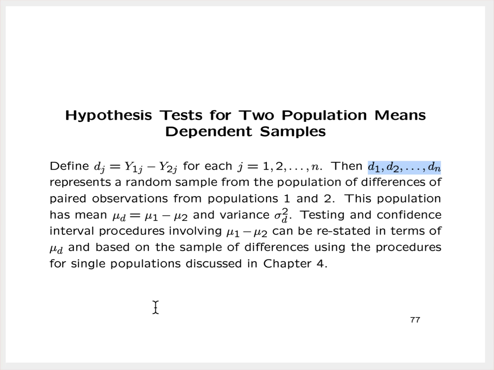And so then this becomes just a one sample problem, a one population problem. It becomes a problem involving one population mean, mu sub d, all right? But we would be keeping in mind that that is equal to the difference in the population means.